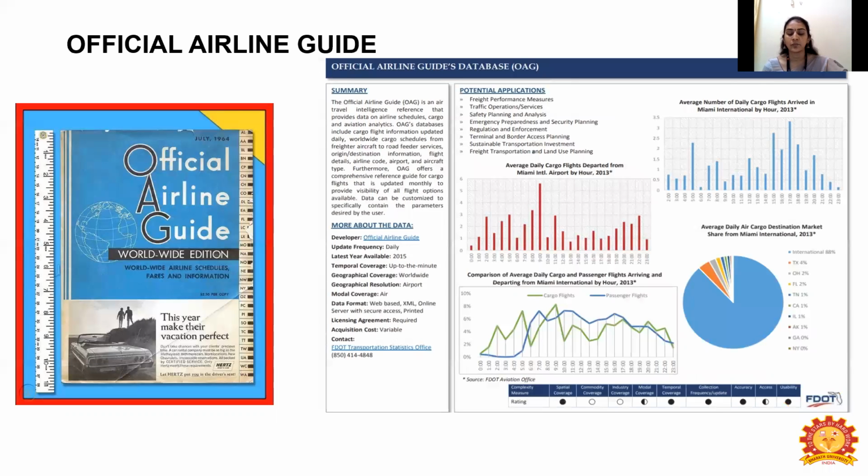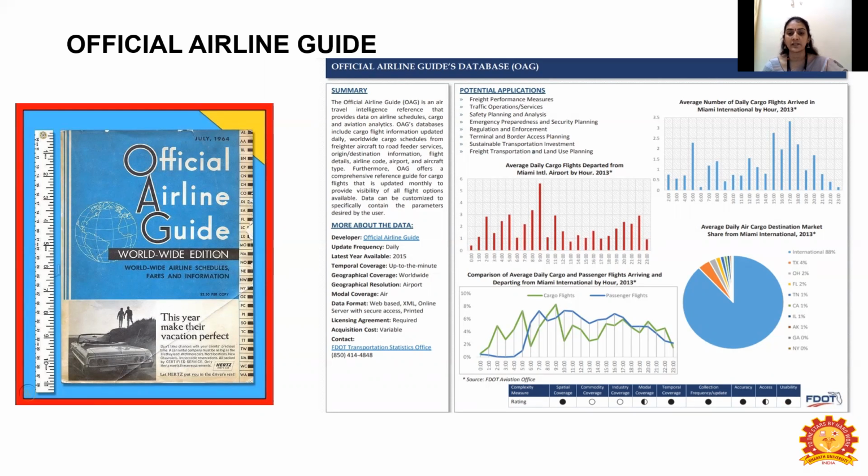And this is a small clipping about the Official Airline Guide. On the left is an Official Airline Guide published in 1964. So this airline guide is nothing new; it has existed for many decades, and it is a supporting tool for any airline organization to run successfully. On the right is the database.